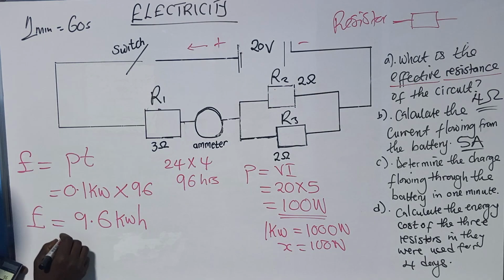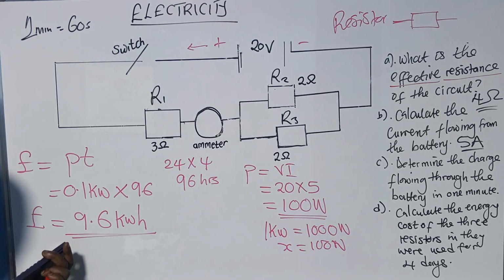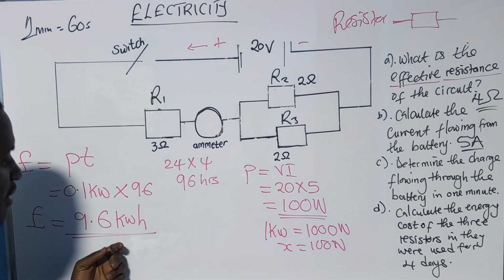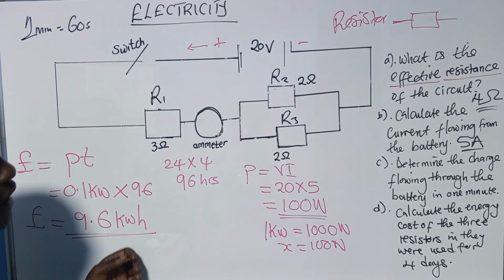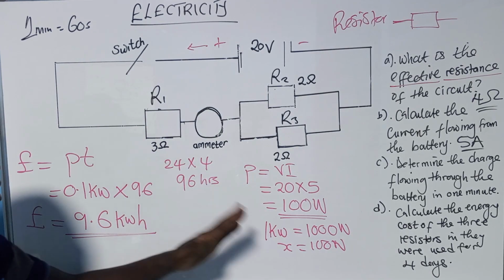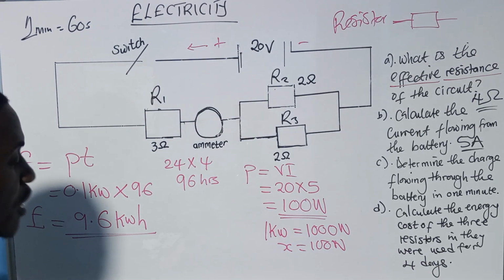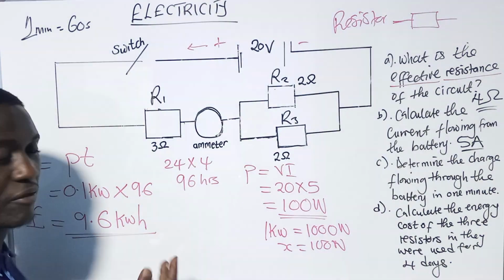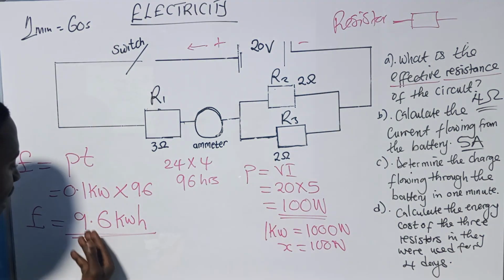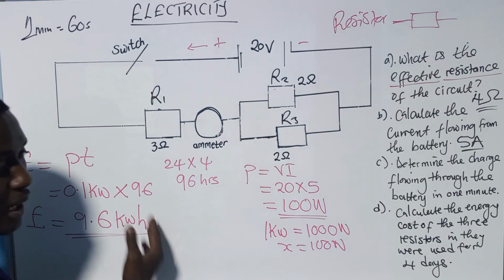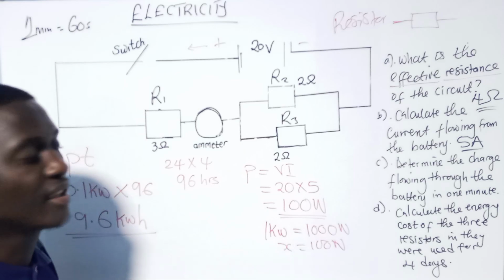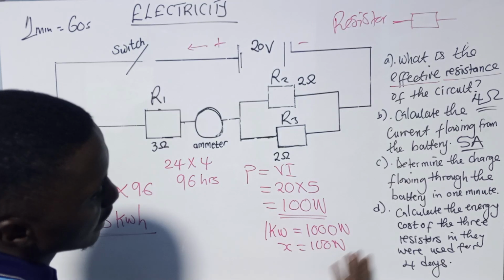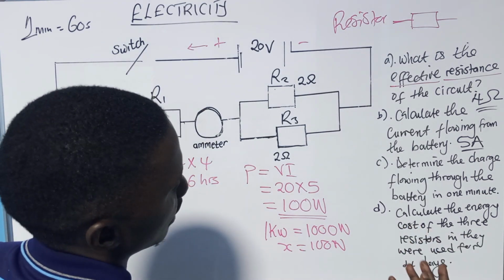That is the energy that was used, those were the units that these three resistors used for 4 days. When you go on your meter box, you find this. If you have 100 units, it will be written 100 kilowatt hour. That's what we call 100 units. And that is how you go about those questions.